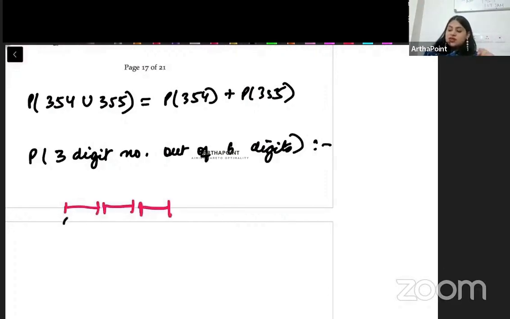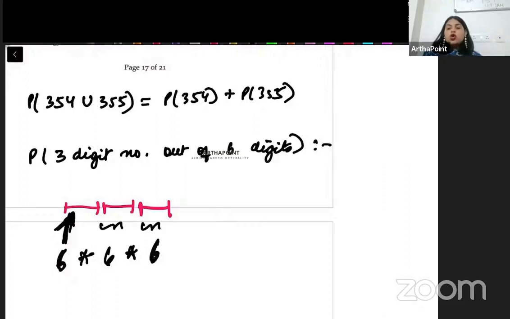The first digit that I pick up can be any of the 6. The second digit can also be any of the 6. The third digit can also be any of the 6. Are you getting it? So it can be any of the 6 digits. It is with replacement. That is why I can't use combination here.